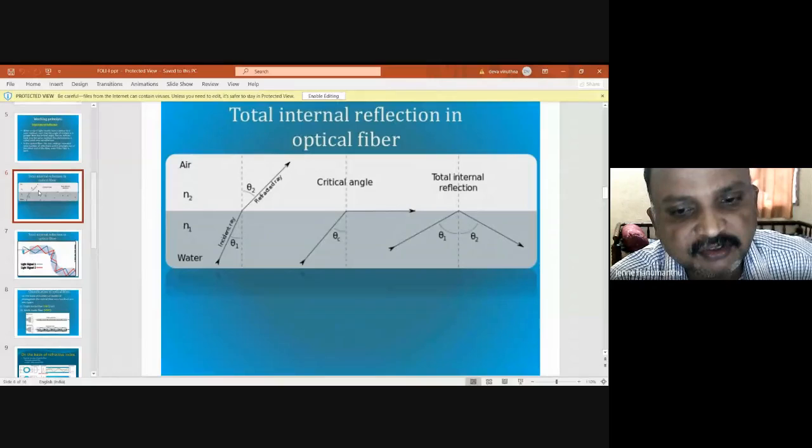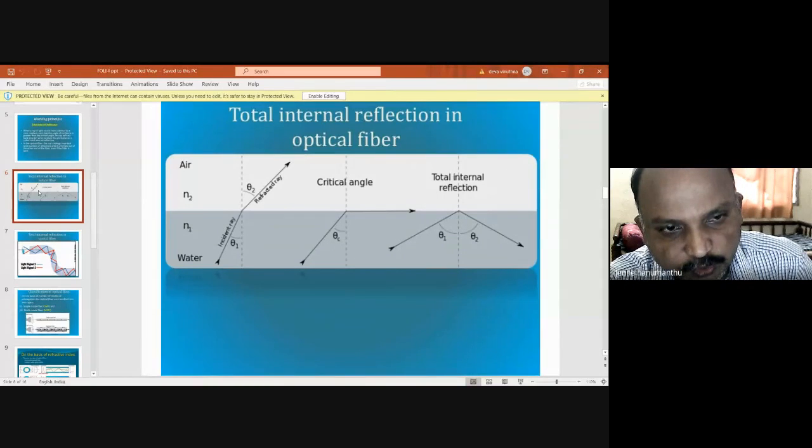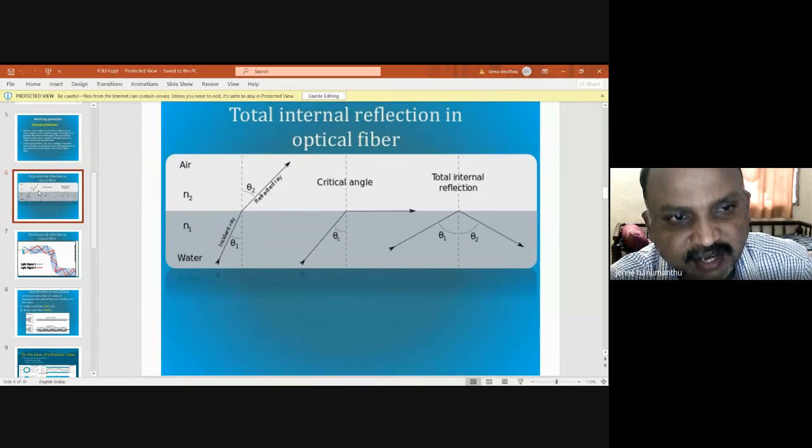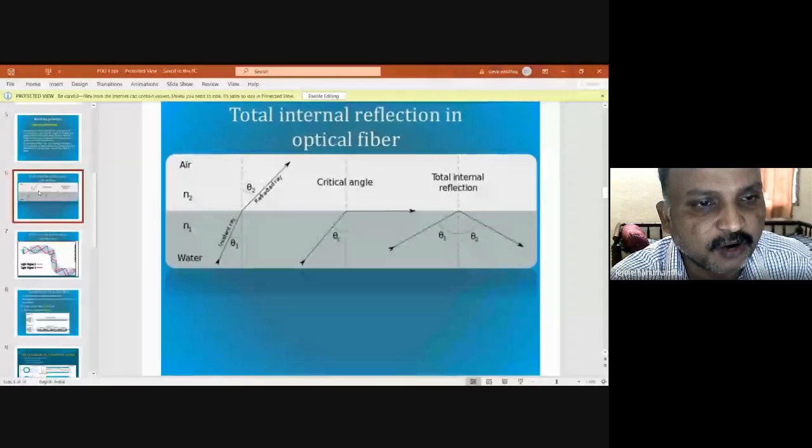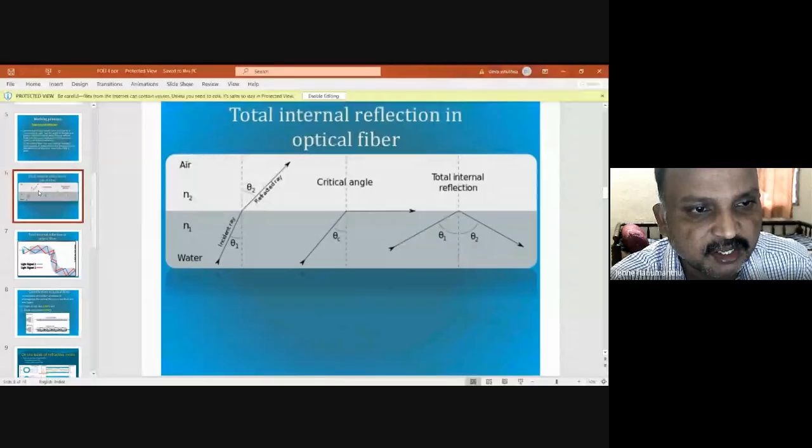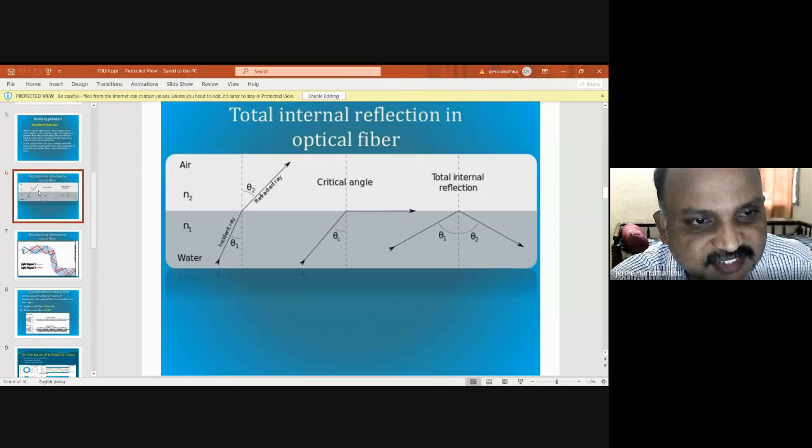Cladding has some refractive index, say N2. So here we are taking two combinations, core and cladding, at the same time. There is a boundary in between. The shaded one is core. The white color is cladding. We are taking two indexes with some boundary.